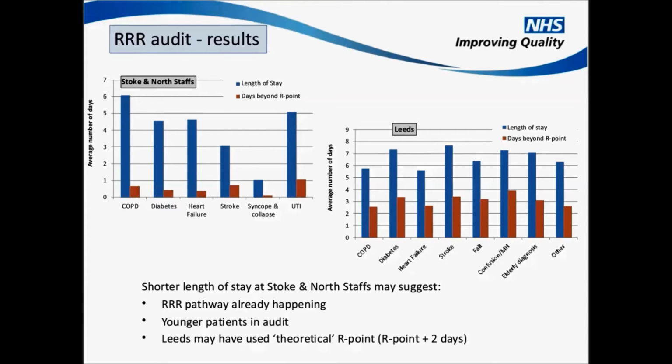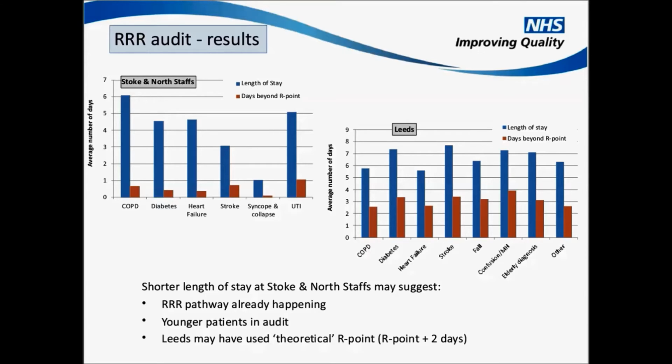What we're showing here are the average number of days, so the length of stay, and also the length of days beyond the L point. The length of the RRR phase is in red there, and the length of stay for patients is in blue in these graphs. And we're looking at a range of different chronic conditions.